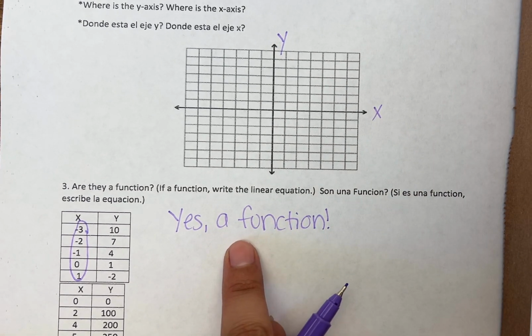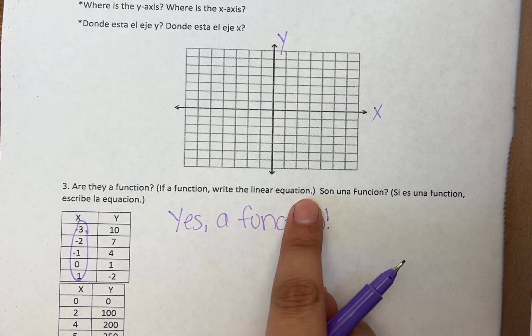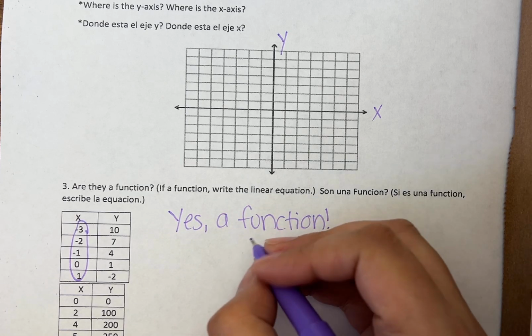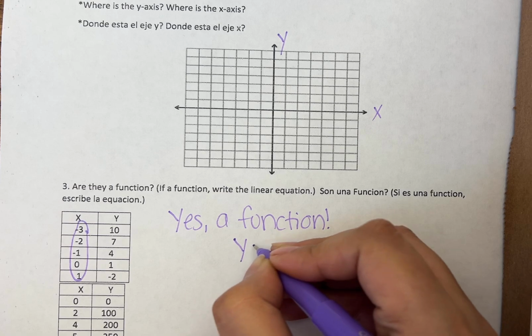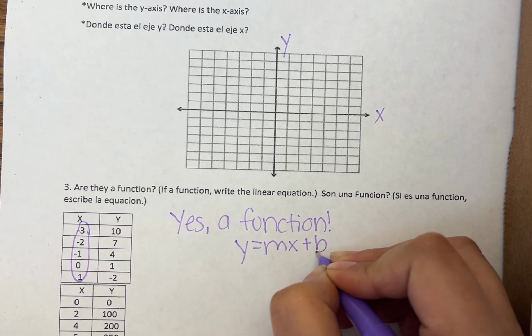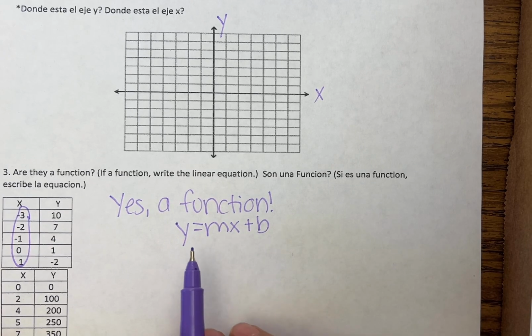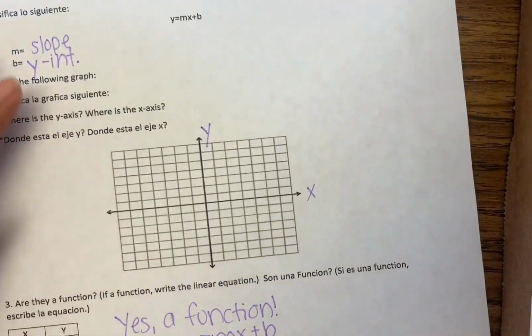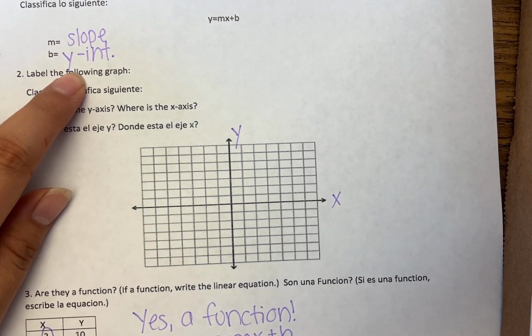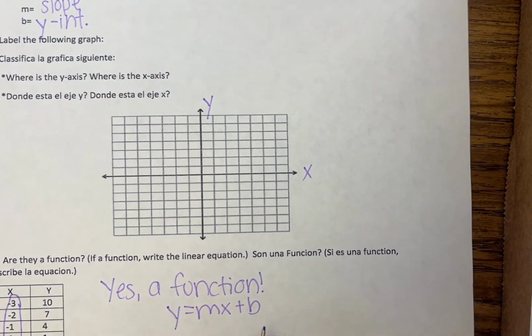Pues como es una función, ahora vamos a hallar nuestra ecuación. Since it is a function, we are now going to look for our linear equation. So it's y equals mx plus b. Okay. Ahora vamos a encontrar la ecuación, ¿verdad? So we need our slope, because remember, m represents slope, and b represents our y-intercept.